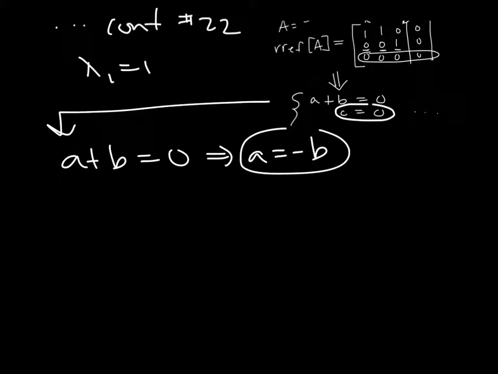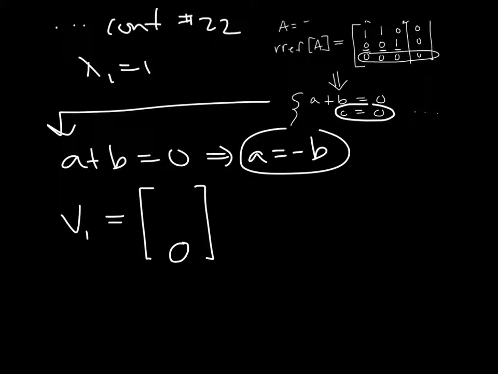So we're trying to find eigenvector 1. Remember this is A, B, and C, and we know C is 0, so that's 0. And here, you can pick any value.